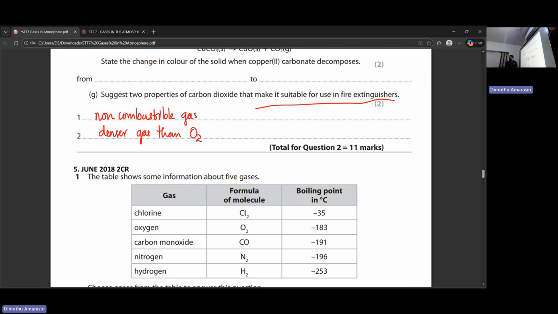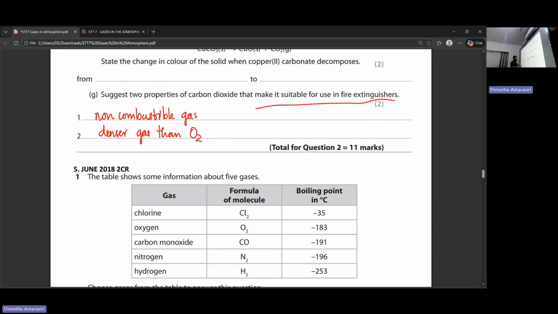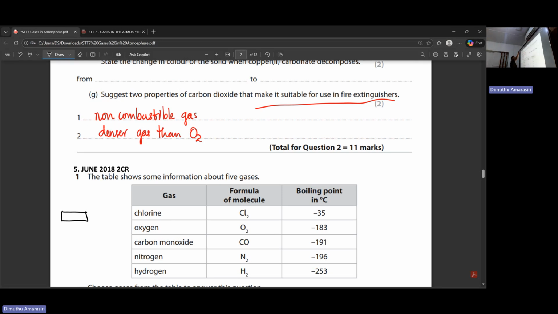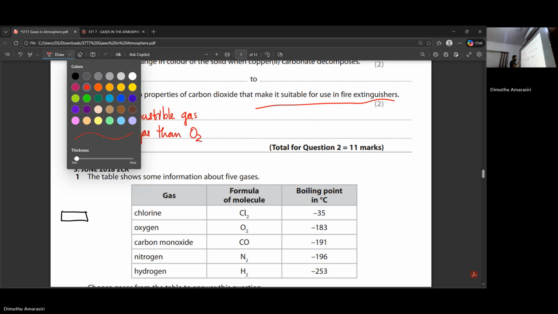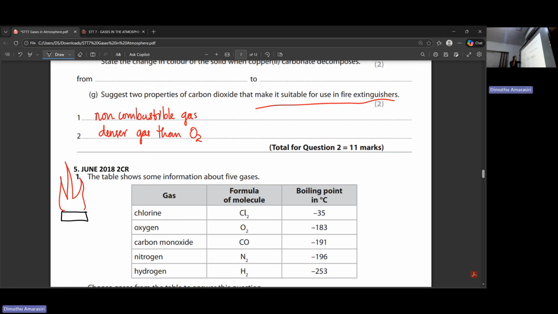Okay, how does carbon dioxide do this fire extinguishing? Do you know what factors are needed for a fire to exist? There are three things.